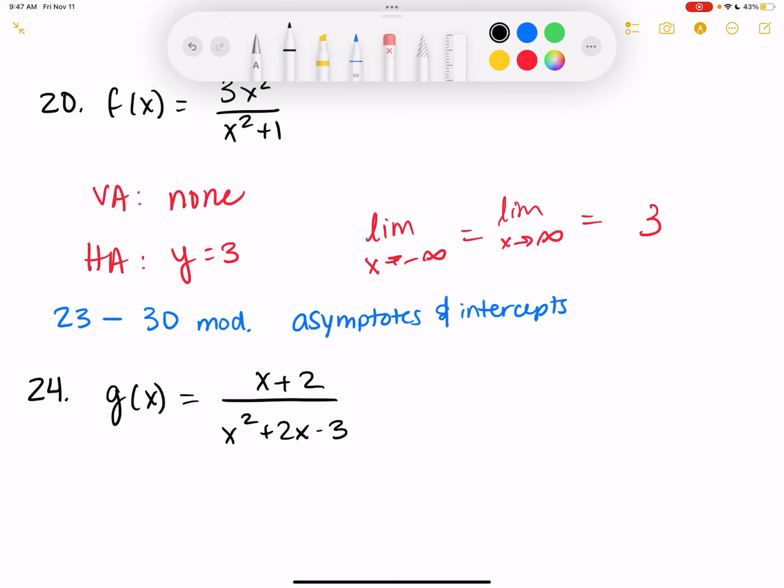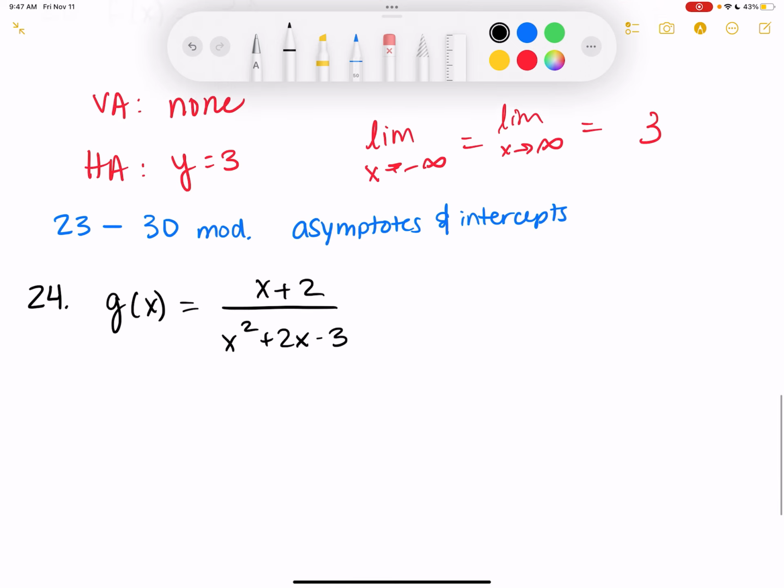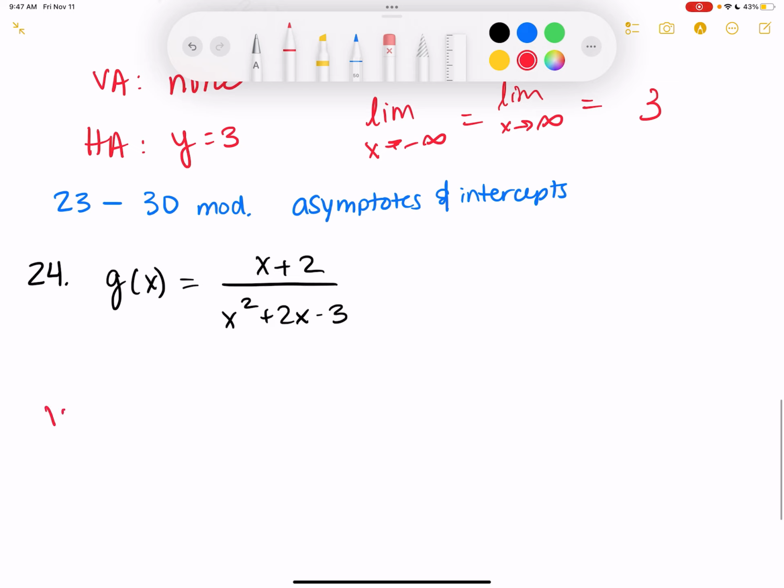All right, so let's do vertical asymptotes first. How am I going to find the vertical asymptote for this one? What do I need to do to the bottom? I'm going to factor it first. So x squared plus 2x minus 3 equals 0.